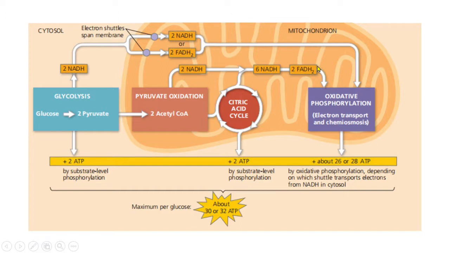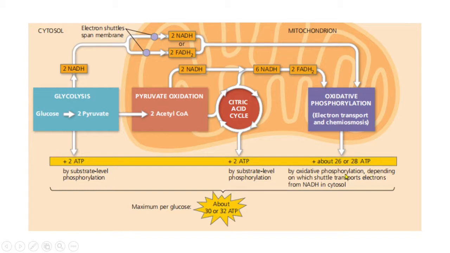Now take note that the 2 ATPs over here and the 2 ATPs over here are produced, but the NADH and the FADH2 are all going towards the oxidative phosphorylation, and this is where the electron transport chain will come into the picture, so that the electrons that are carried by the FADH2 and the NADH will now be converted into ATPs.